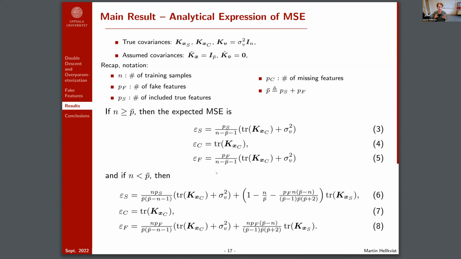So I don't want to go into too much detail on this slide because it's a lot of cluttery equations. And instead, I will go on to show some plots of these expressions, which illustrate the characteristics more visually.